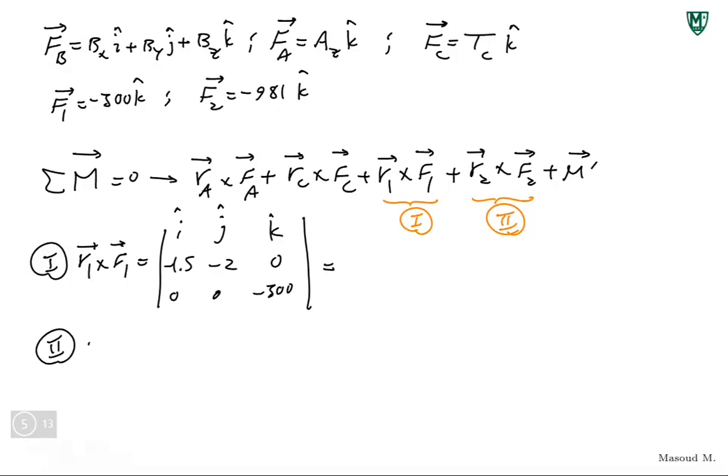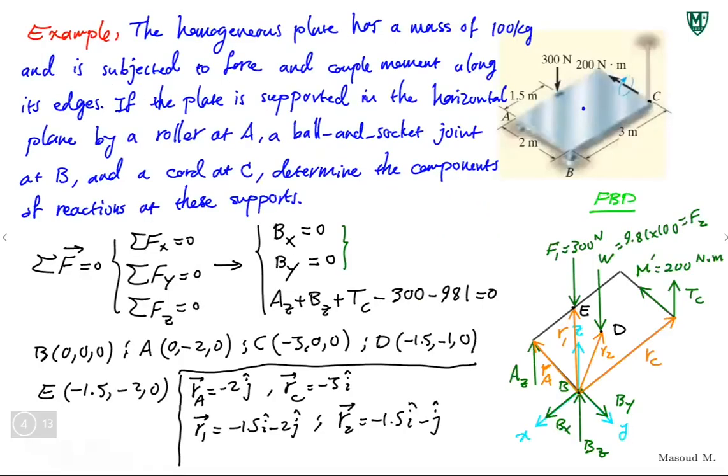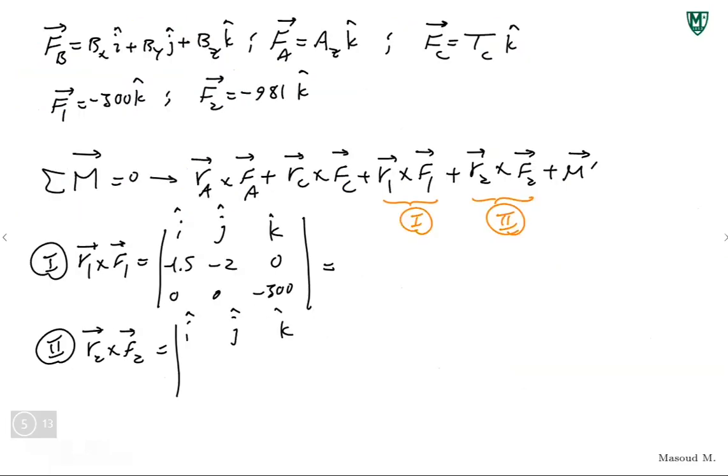R2 cross F2. I, J, and K. R2 is minus 1.5 and minus 1. Right? So minus 1.5, minus 1, and 0.